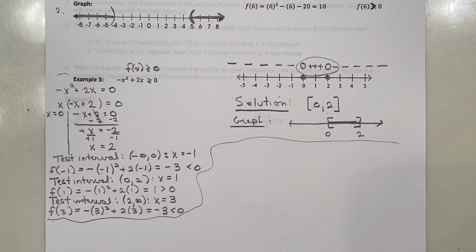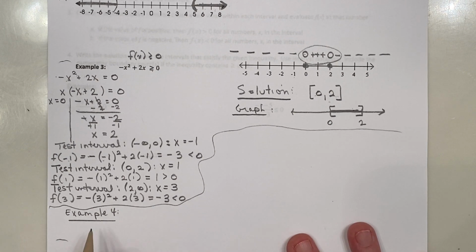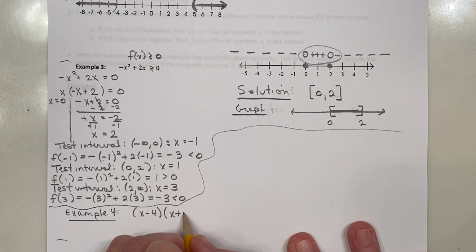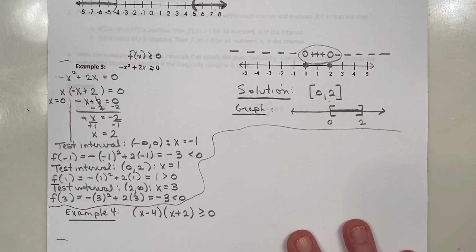All right, let's do one more example of solving a polynomial inequality. More specifically, just quadratics is what we're going to restrict our view to. We're asked to solve this.